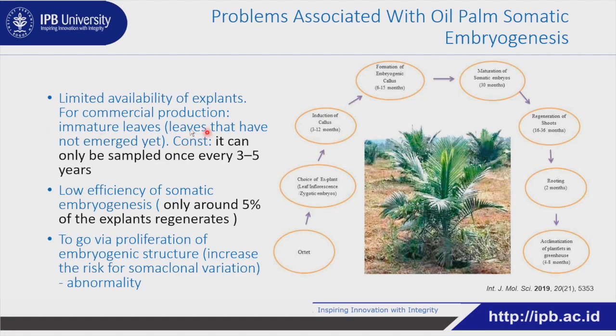The constraint is that it can only be sampled once every 3 to 5 years, because the leaf of the oil palm is not that prolific like other plants. Then, the efficiency of somatic embryogenesis is low, only around 5% of the explants regenerate.